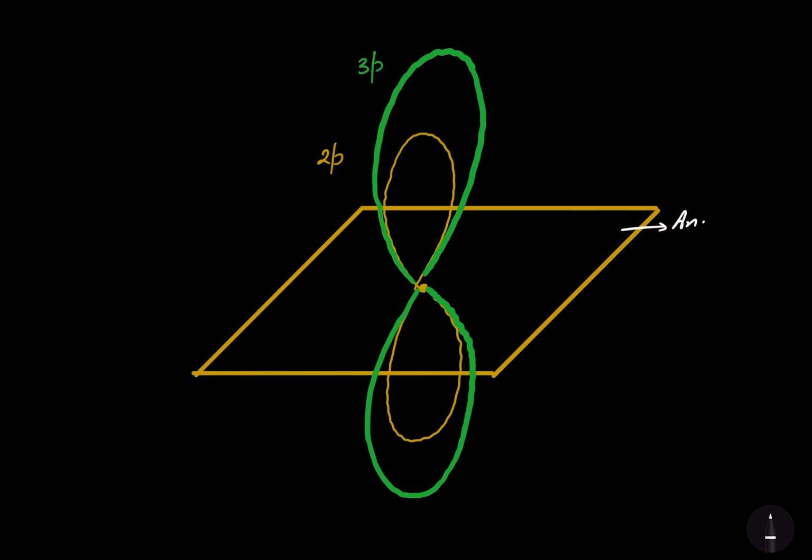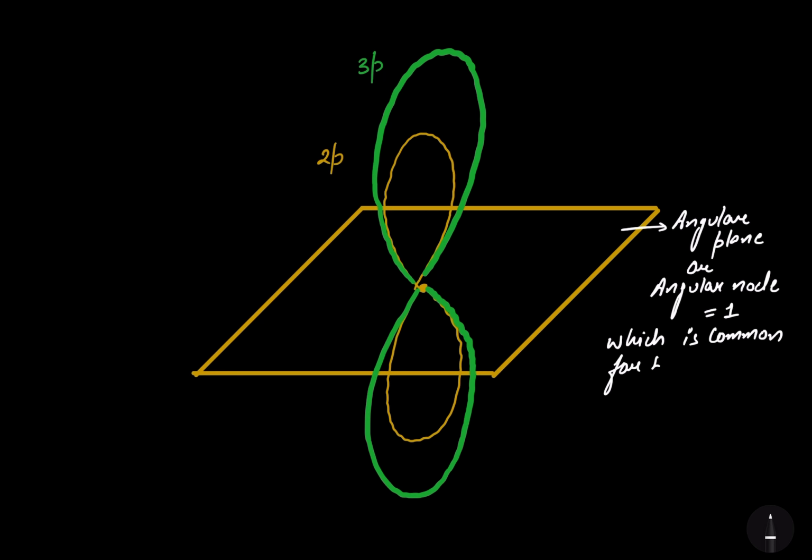This is the angular plane, or you can say this is the angular node. That's only one, which is common for both 2p and 3p.